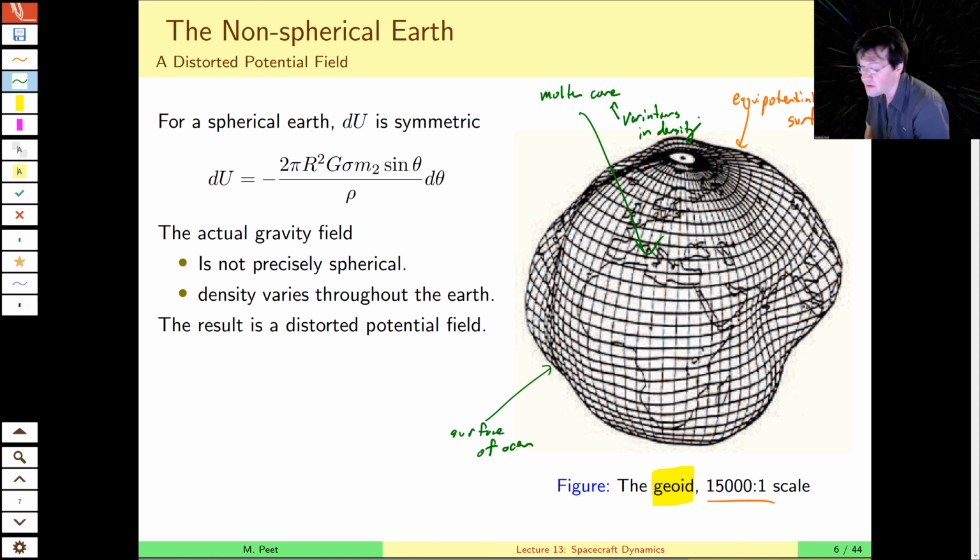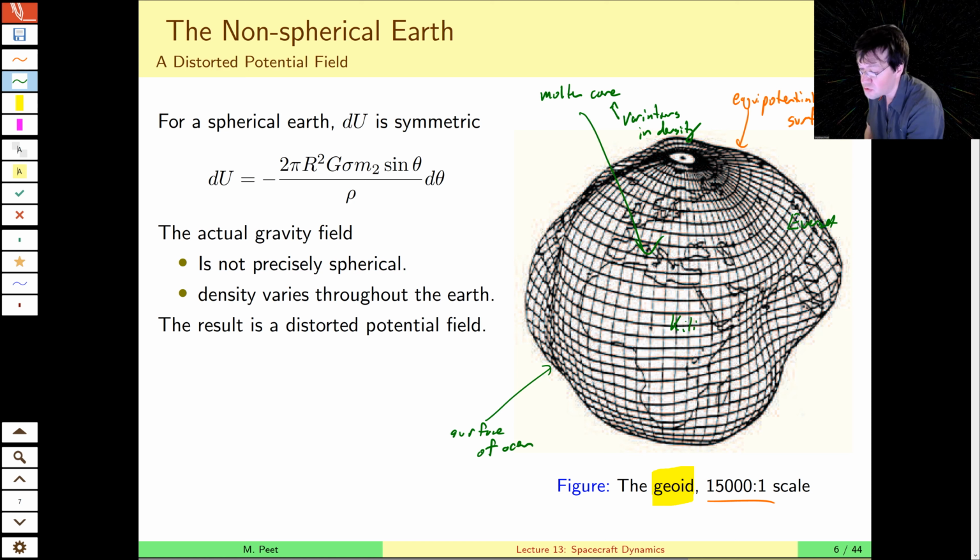In addition, of course, we have mountains. So let's see, where are our mountains? There's Kilimanjaro, right over here. There's the Himalayas over here. There's Everest. Just generally, there's some denser pockets of the Earth where the land mass rises above the sea and so forth. And those cause perturbations as well.